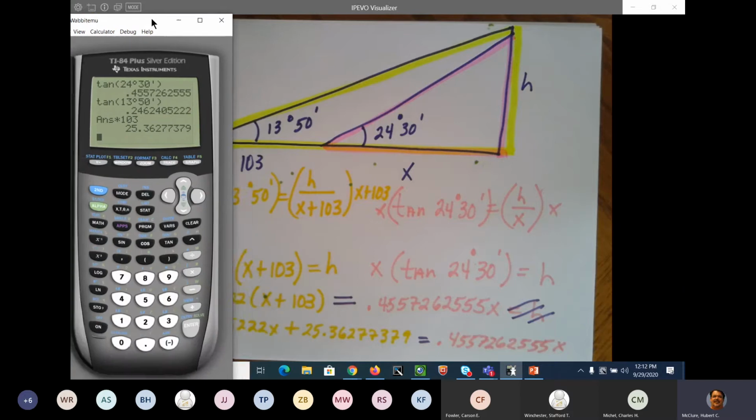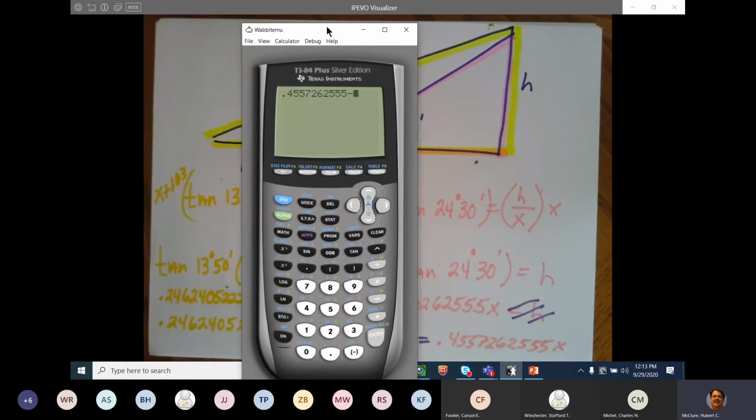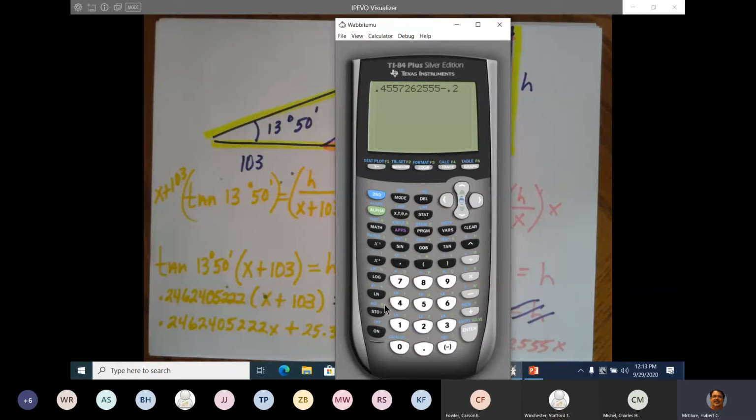So I'm going to take 0.455726 minus my yellow x, which is 0.2462405222. And that is my new x.